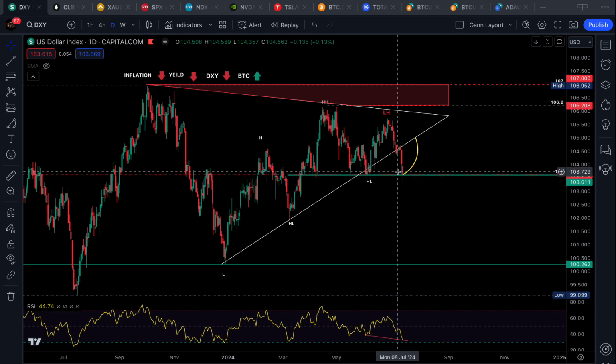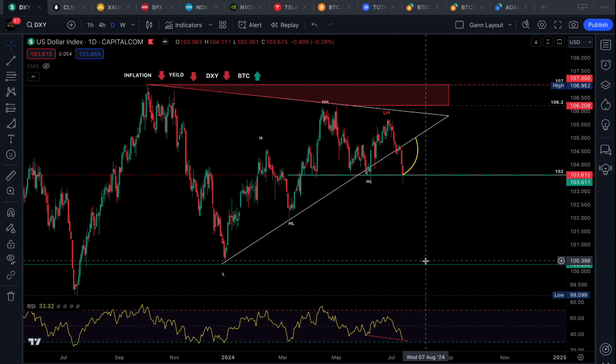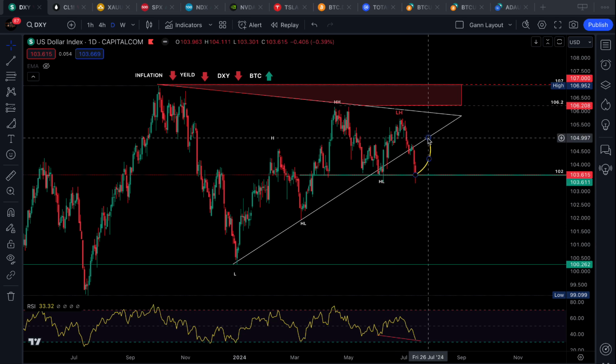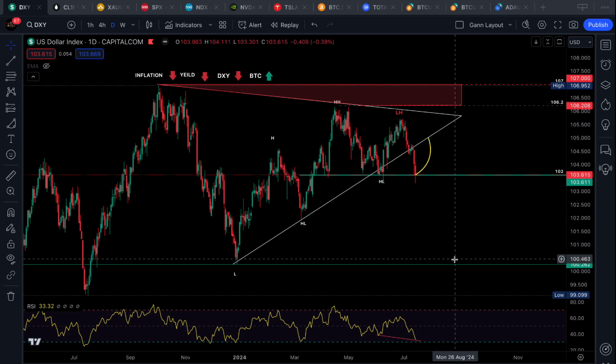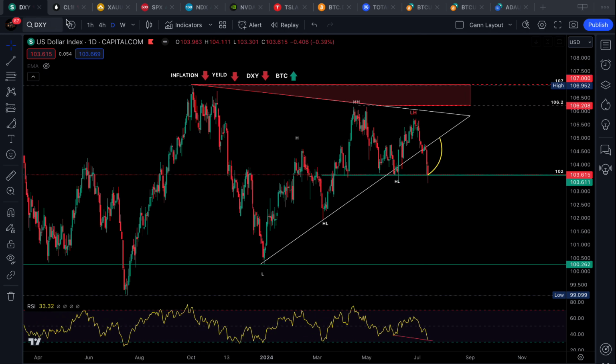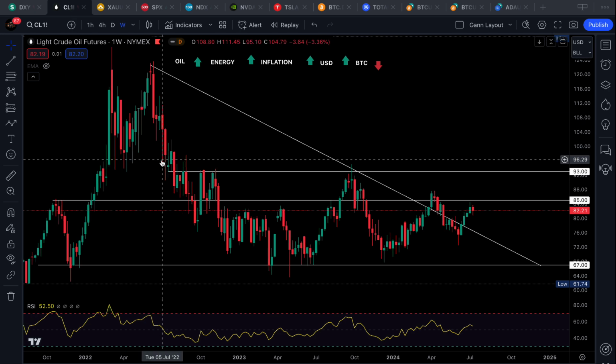Okay, the US dollar is not going to 90 in a week. First it will try to reclaim the trend line, then it will reject and move lower. It will take time. Overall, it's favorable for Bitcoin, but it's too early to say that the dollar is in a downtrend.